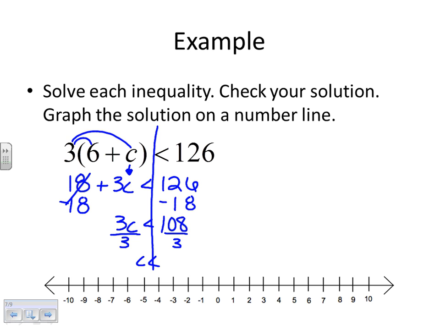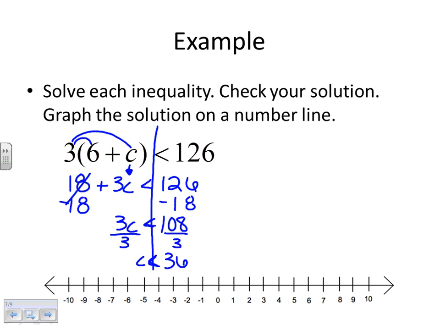And 108 divided by 3 is 36. Okay, now notice the difference between the one we just did and this one right here is I'm dividing by a positive 3. Now if I ever divide by a positive, I don't have to flip my sign. It's only special when the case is negative. Okay, so I have a number that is less than 36.